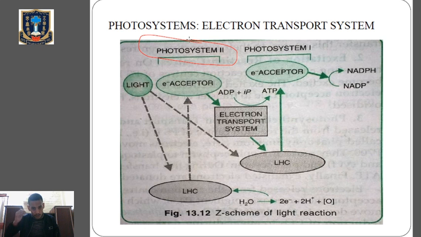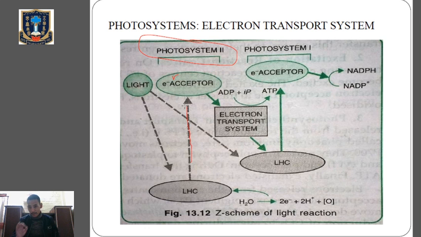Now when the electron moves from the reaction center of PS2, that electron will be accepted by the electron acceptor. You can see over here, electron acceptor. So light is absorbed by the LHC of PS2. After absorbing light of wavelength 680 nanometer, the electrons from the reaction center of LHC2 will get excited and will be received by the electron acceptor.